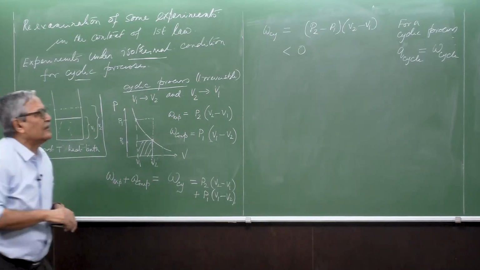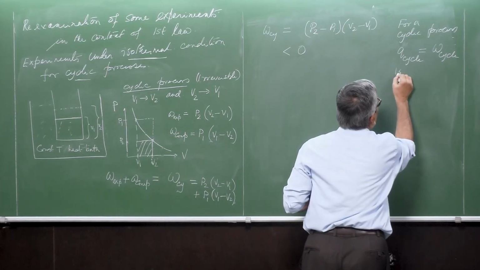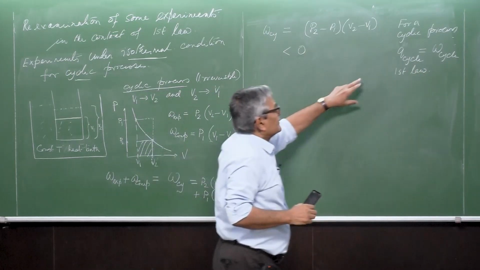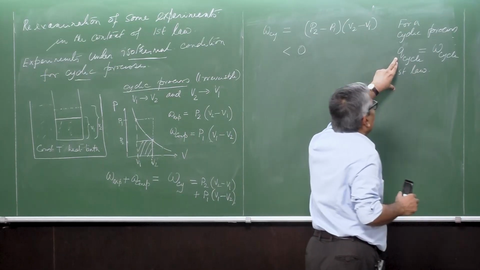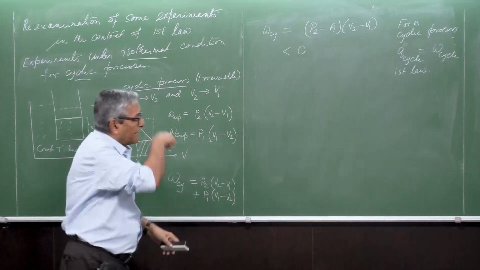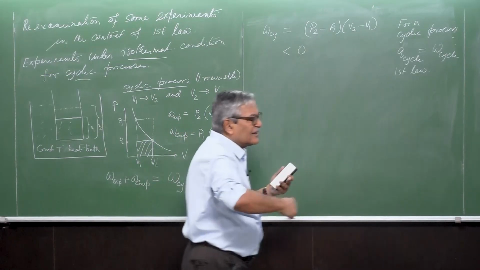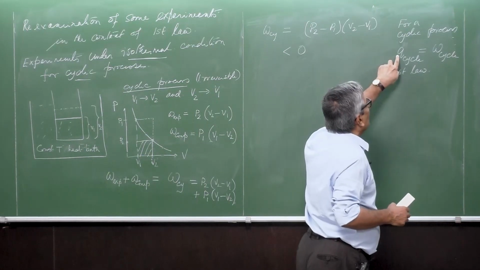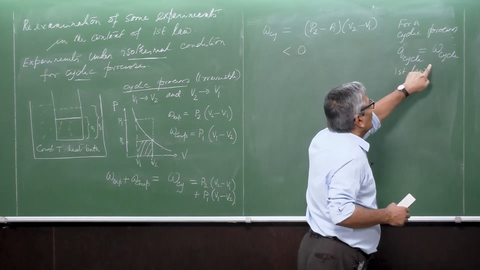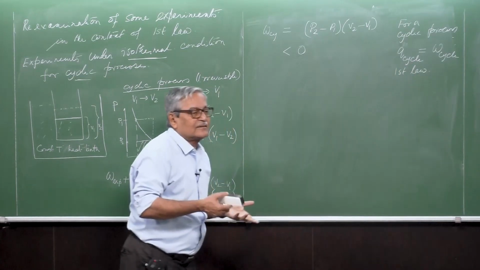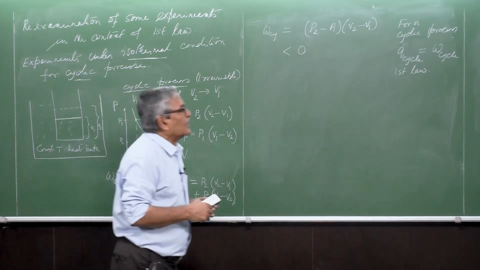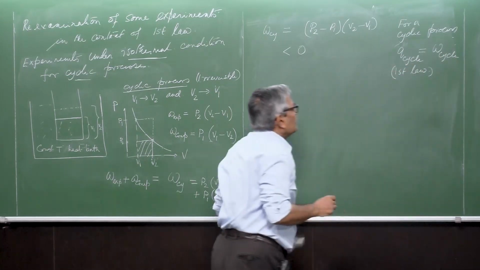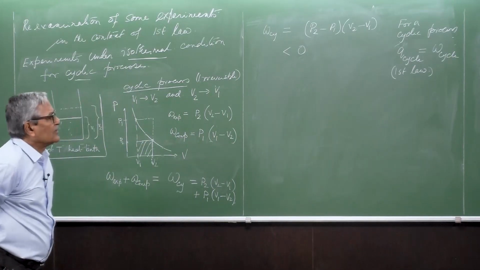This is a statement of the first law, which tells us that if a system operates in a cycle and takes heat, that is the Q of cycle, it is equal to the work done by the system on the surroundings over the cycle. So that first law is captured through the simplest equation for the cyclic process.